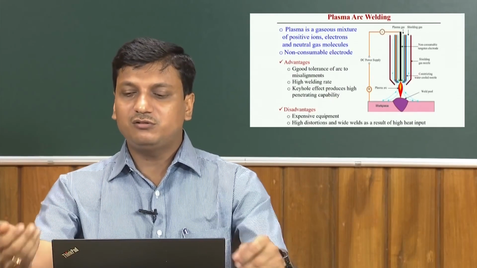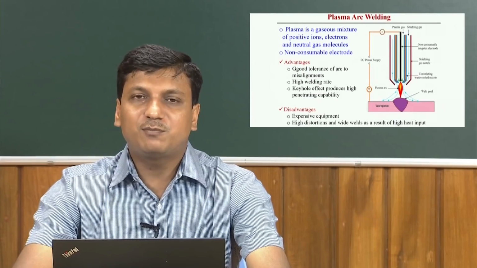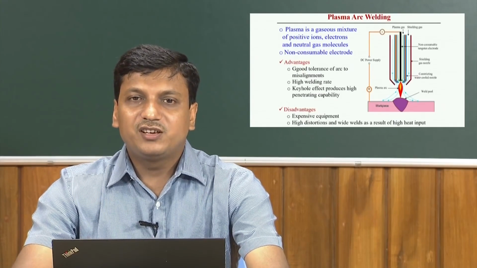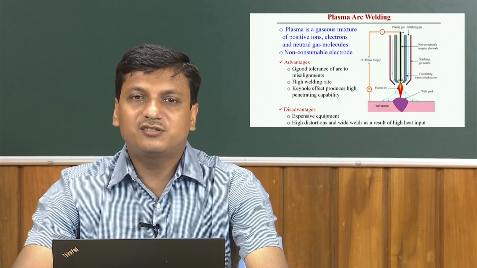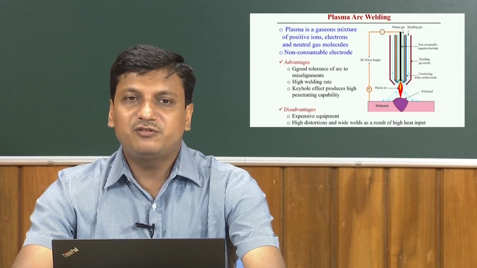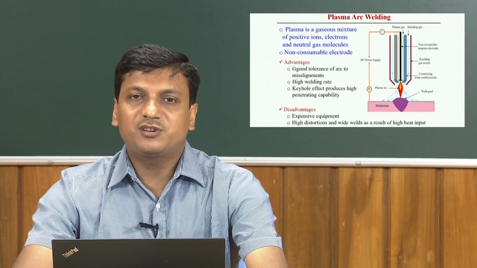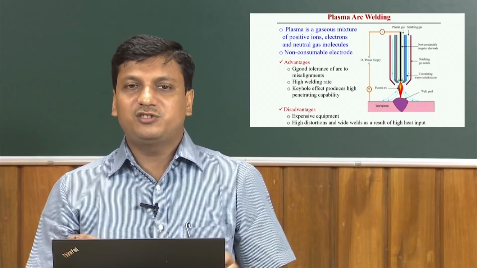Now, we look at another arc welding process, called the plasma arc welding process. Here, if you see, the plasma arc welding process always tries to take advantage of the gas tungsten arc welding process, with an almost similar configuration.